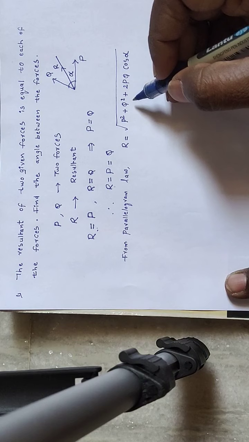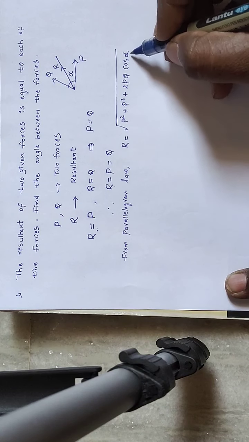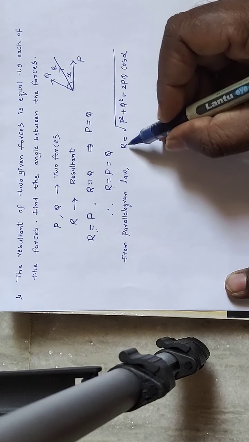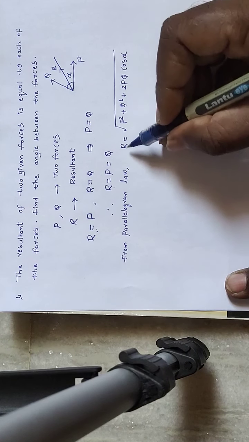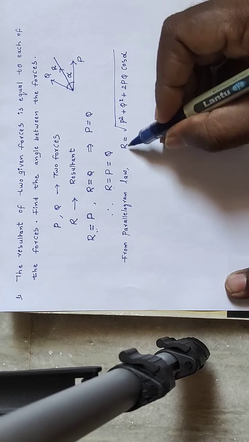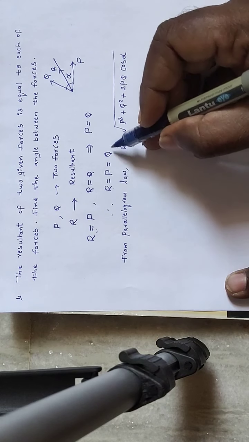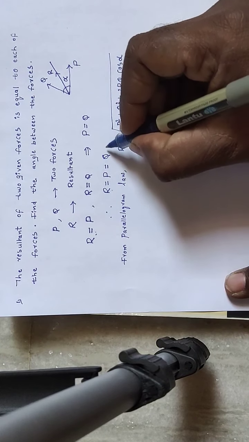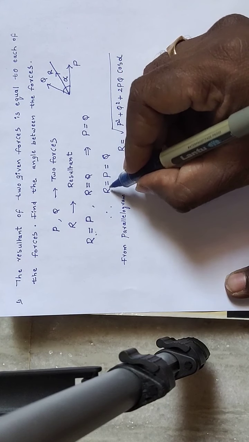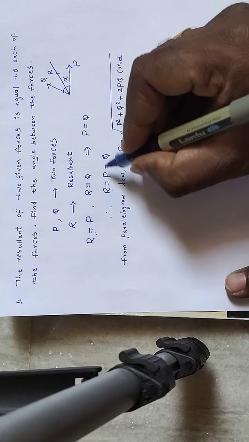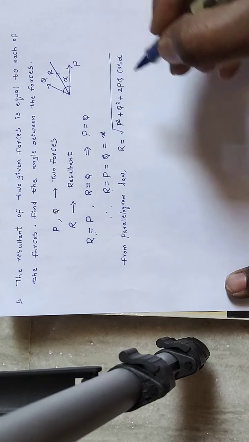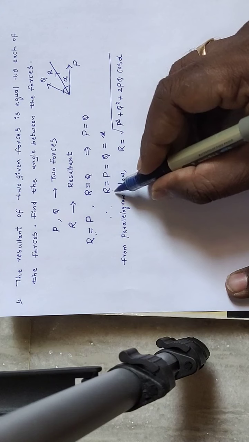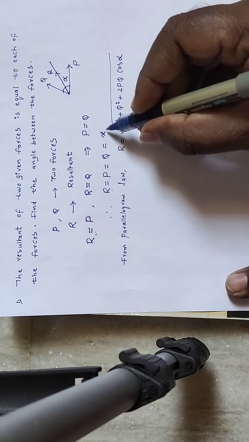We have to find the angle between the forces, so we have to find this alpha. Then what is the value of R, what is the value of P, and what is the value of Q? These three are the same, R equal to P equal to Q. So here we are assuming the value of R, P or Q as X, because the value of all these three forces is the same.